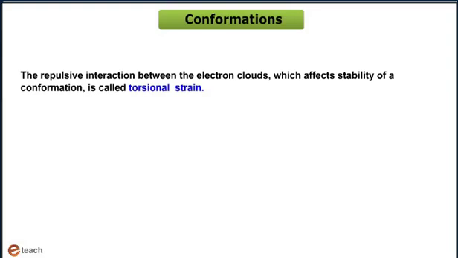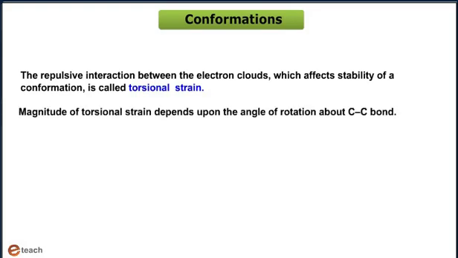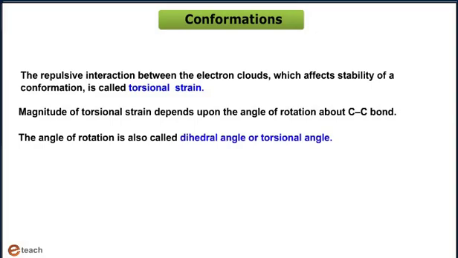The repulsive interaction between the electron clouds, which affects stability of a conformation, is called torsional strain. The magnitude of torsional strain depends upon the angle of rotation about the C-C bond. The angle of rotation is also called dihedral angle or torsional angle.